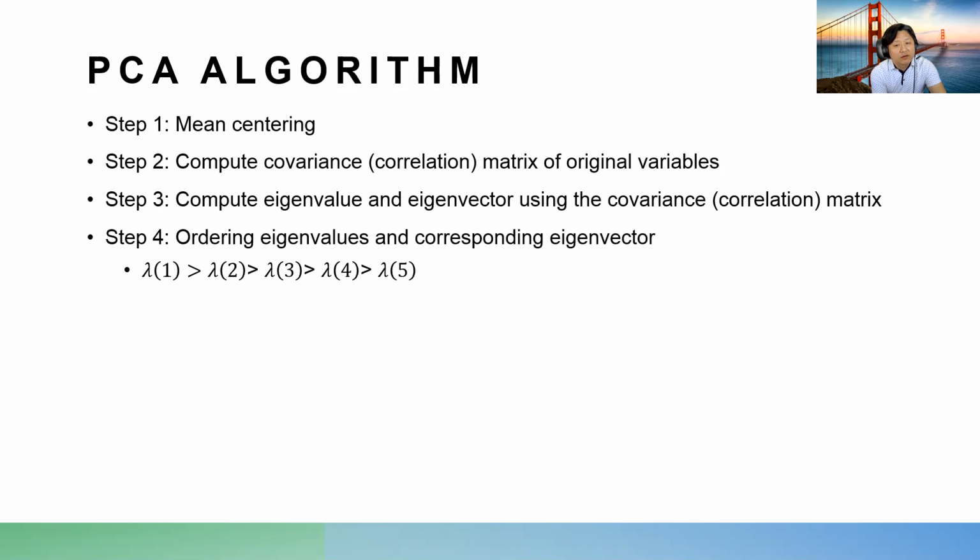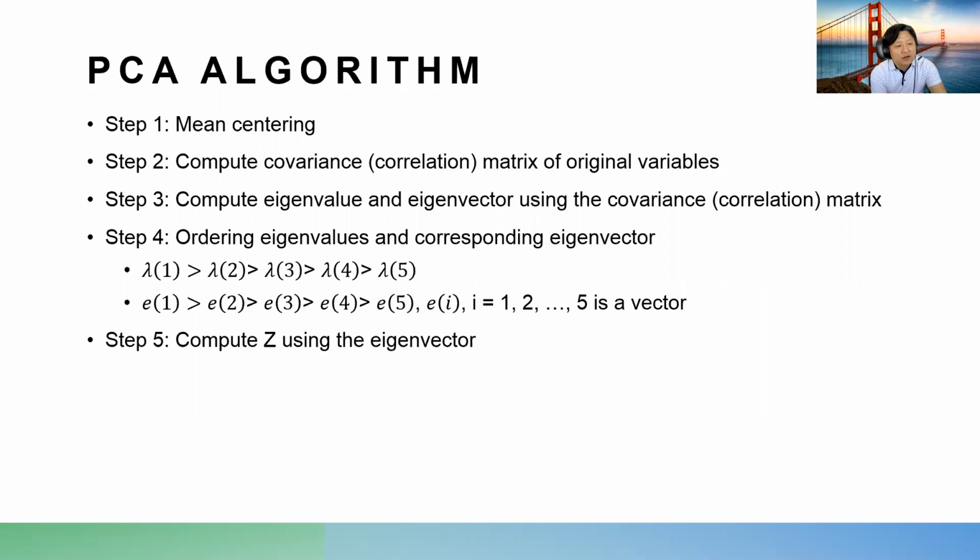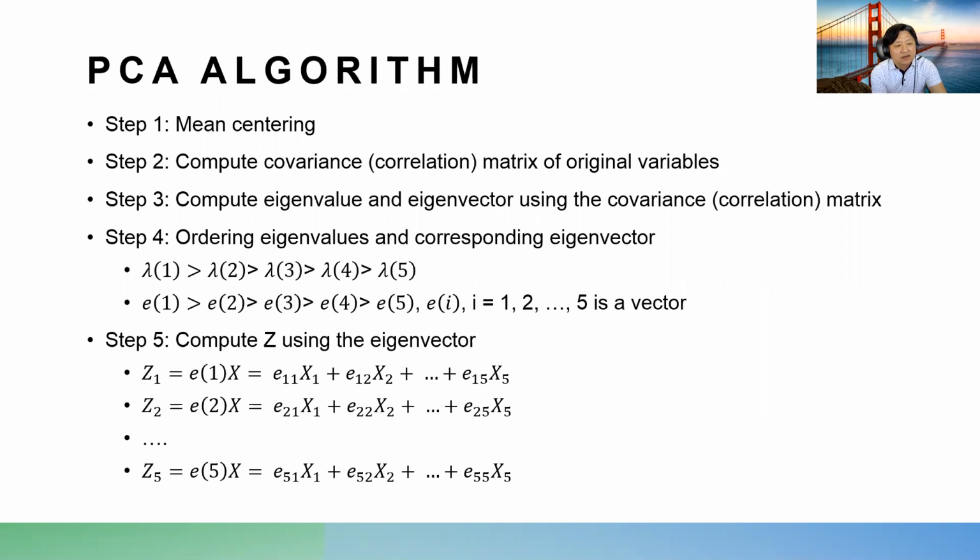The first eigenvalue has the largest value, the second has the second largest, and so on to the fifth. We also have the eigenvector for each corresponding eigenvalue, so we can compute Z, the principal component. So we talked about that one.